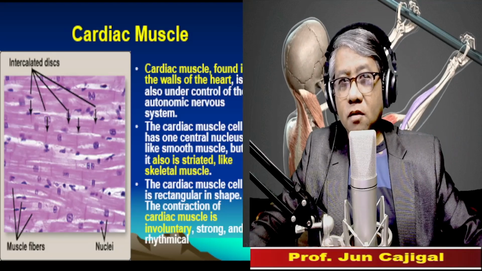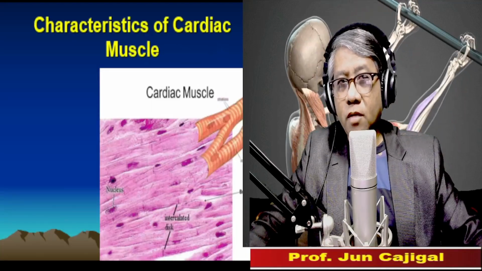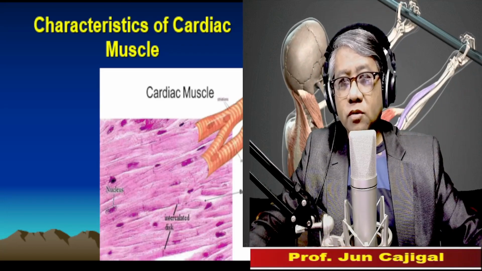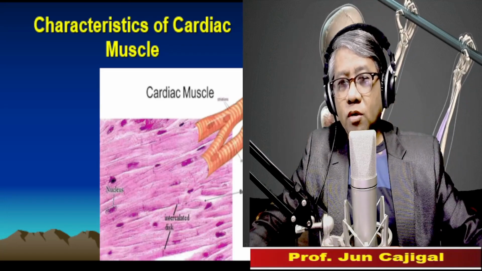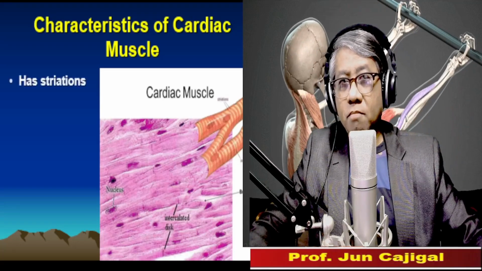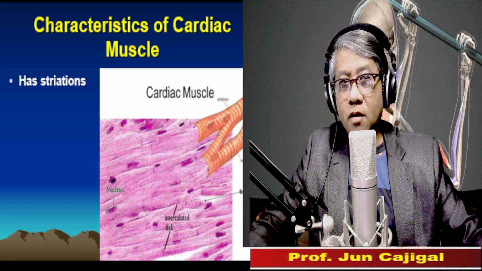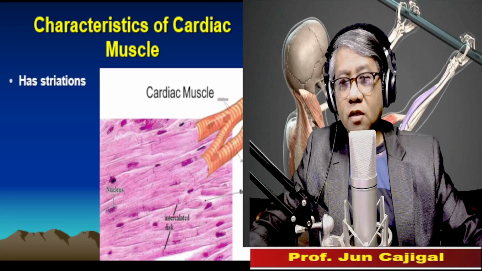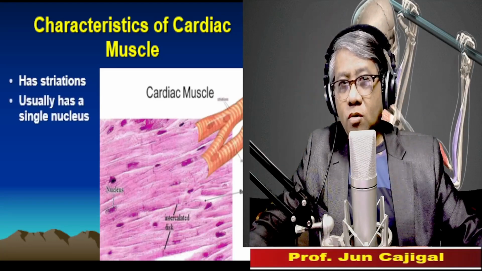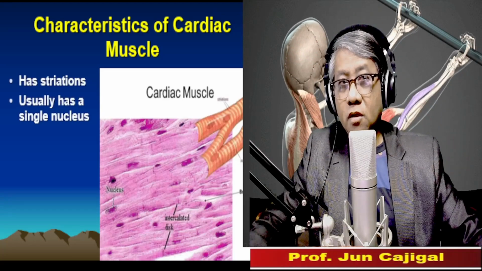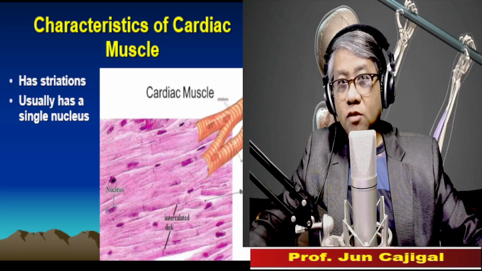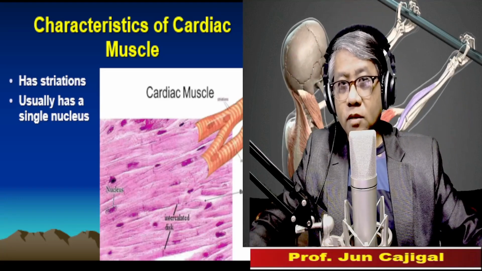And again, the characteristics of the cardiac muscle or the myocardium are the following. If you look closely at this muscle under the microscope, you will notice that this type of muscle also exhibits a banded or belted appearance, meaning there are stripes or striations just like a skeletal muscle. Also, this type of muscle has a central single nucleus just like a smooth muscle.